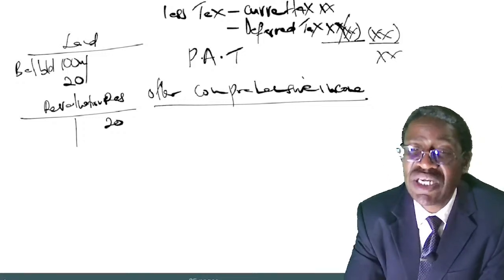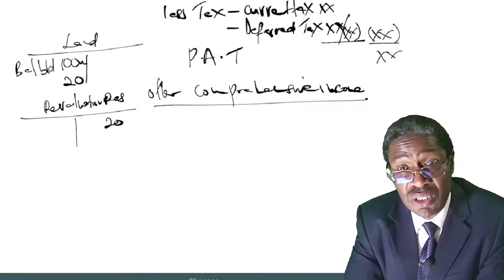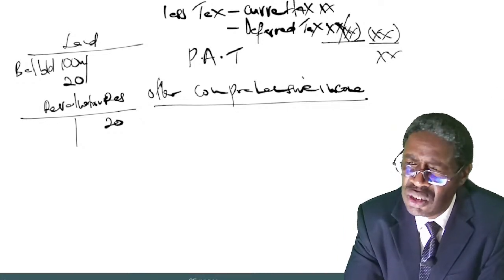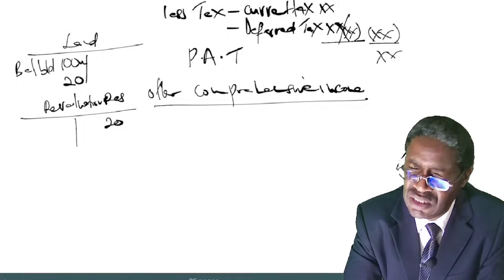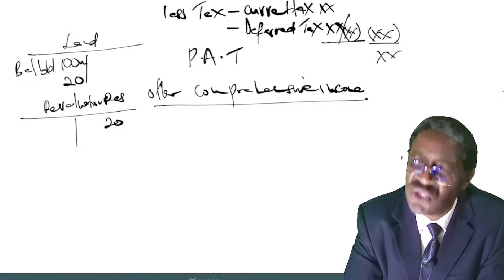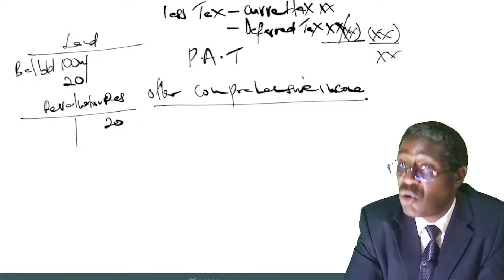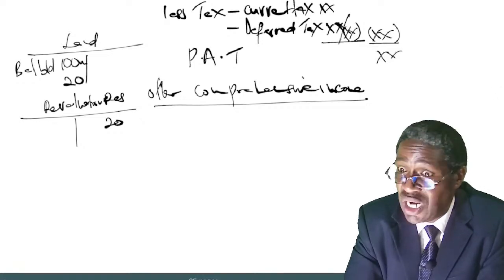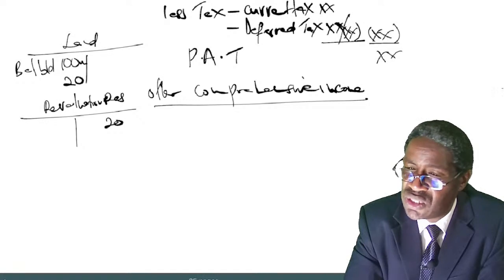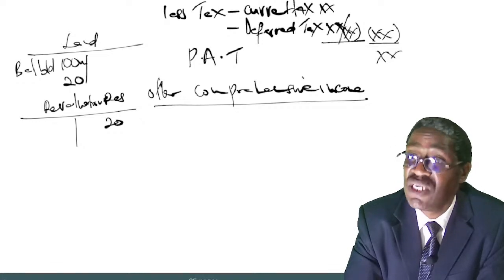We normally don't debit the asset and credit P&L, or profit and loss, as much as it's true that the 20 is a gain. The rules of accounting do not require you to take that 20 to the profit and loss. No. The rule says you take it to an account called revaluation reserve. But the question is, is it a gain to the company? The answer is yes.